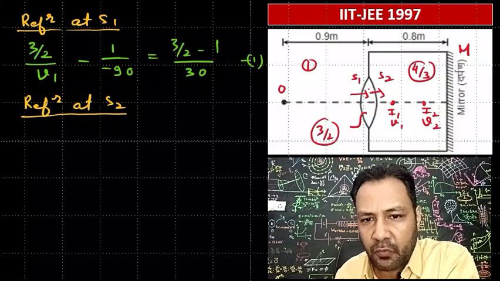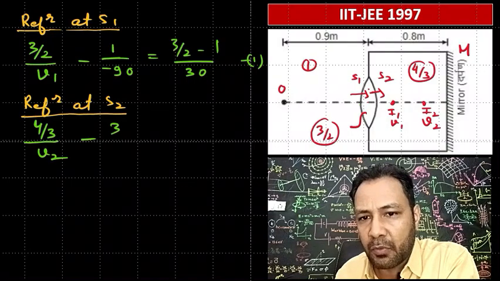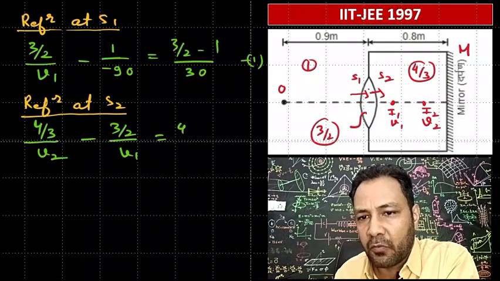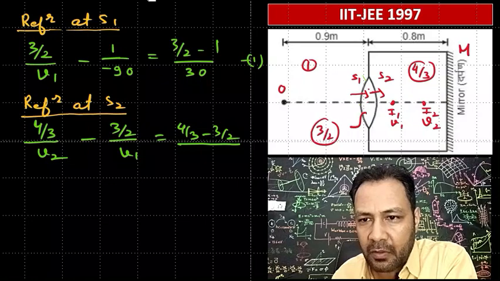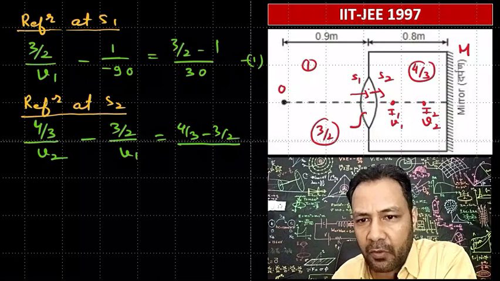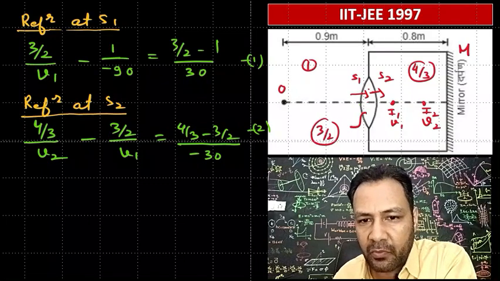Again writing that equation: 4/3, which is mu r, divided by V2, minus mu i which is 3/2 divided by U, which is V1, equals (4/3 minus 3/2) divided by R. For the surface S2, the center of curvature is on the left side, ROC is 30, so R will be minus 30. Just add these two equations, 1 and 2. If we add them, the 3/2 V1 terms will get cancelled.